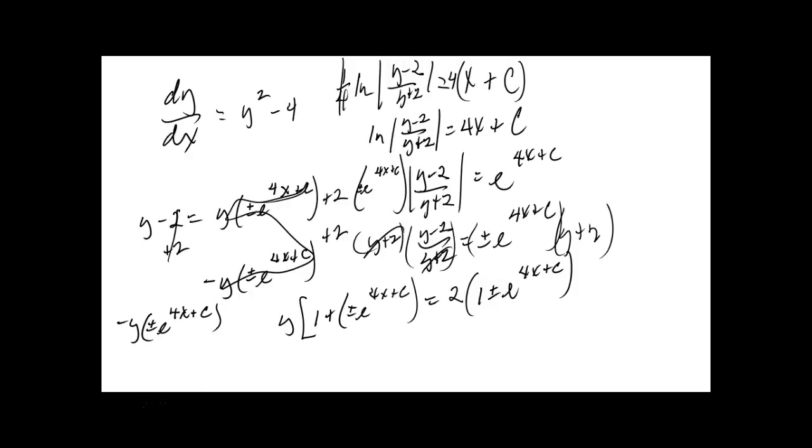Okay? And then what we're going to do is divide both sides by this, 1 plus e to the 4x plus c. And that's what we've got here. 1 plus or minus e to the 4x plus c. Okay.